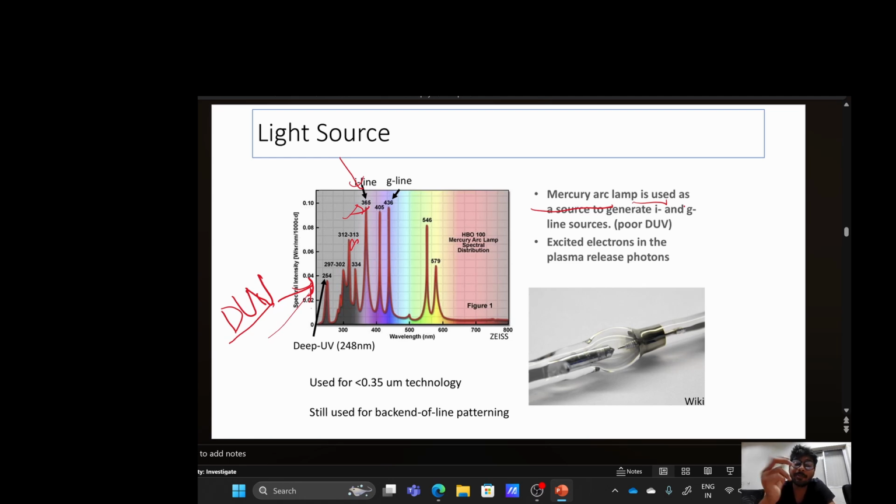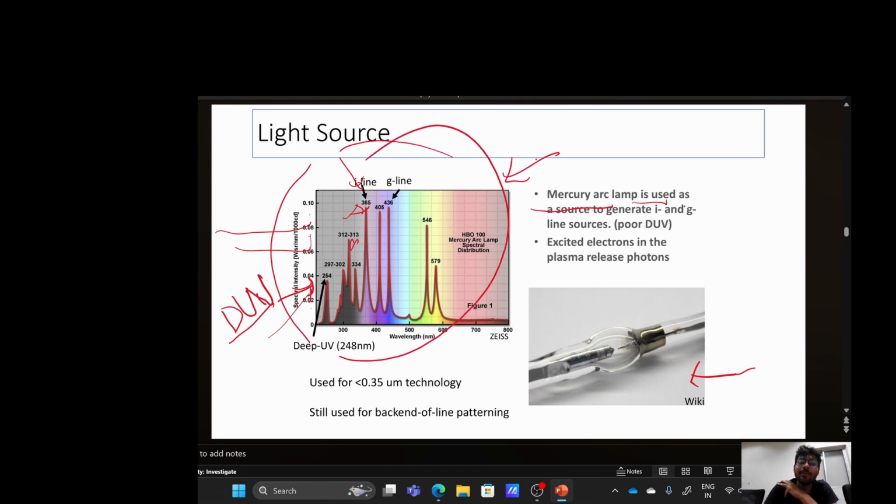Because as you can see, when you give power to this mercury lamp, it gives the whole spectrum, but this is of no use for us.